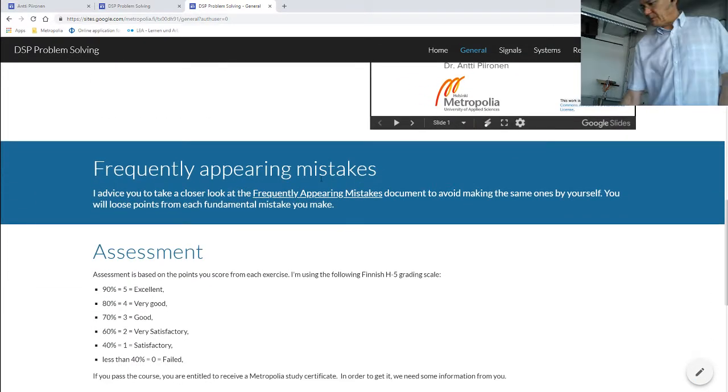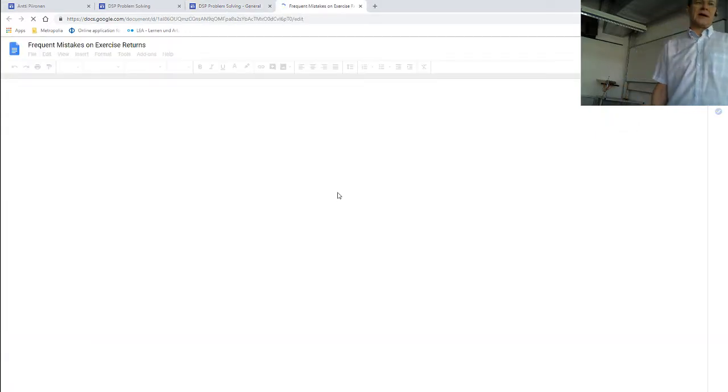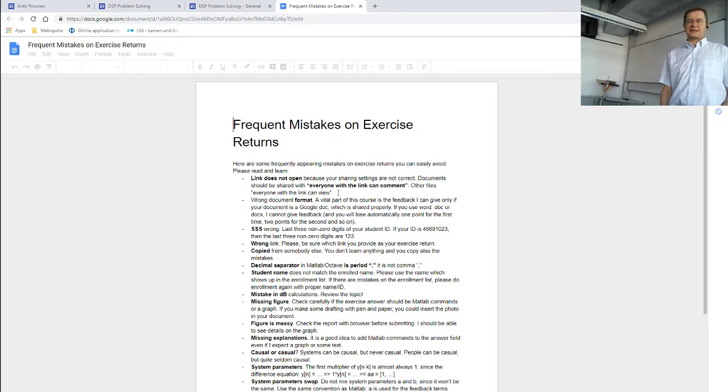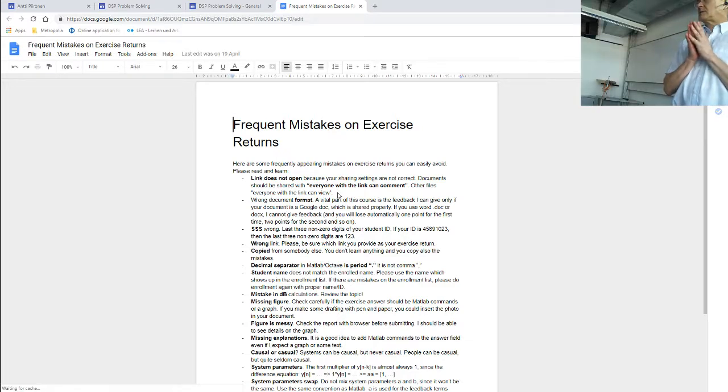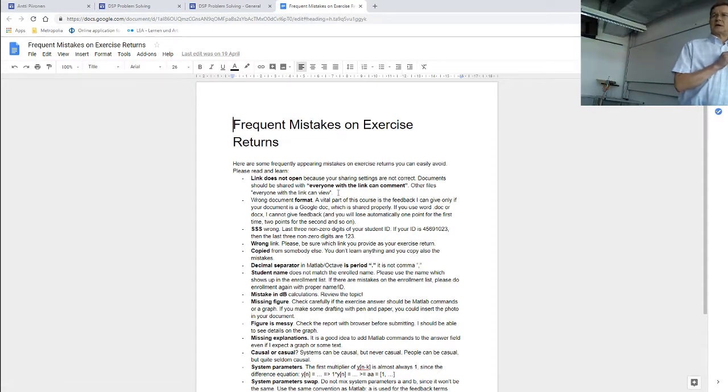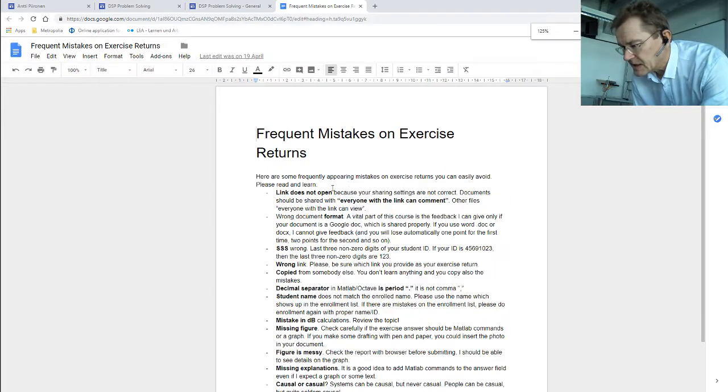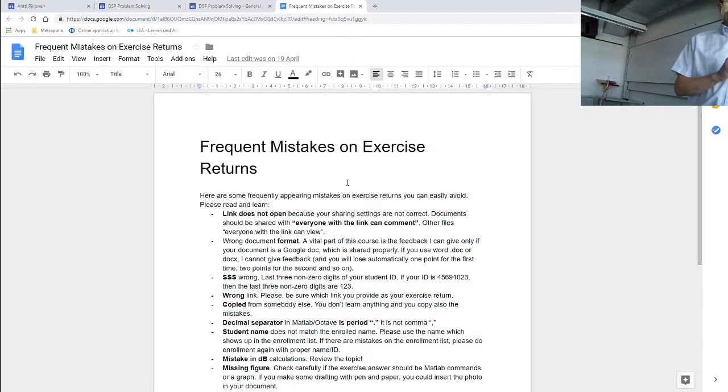Frequently appearing mistakes. This is worth checking. I have an ongoing list for the exercise returns, and if you read it and prevent those mistakes, you will get good scores from the exercises. One mistake is that I'm asking you to send a link to your return form, not the form itself, but a link to it.